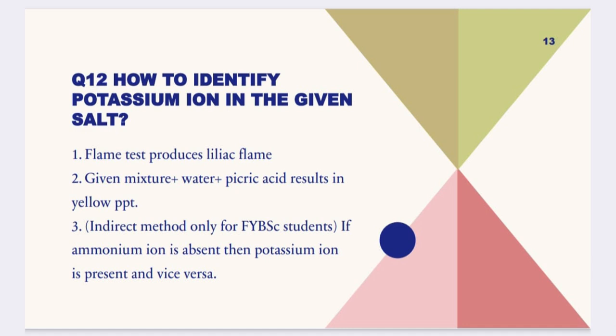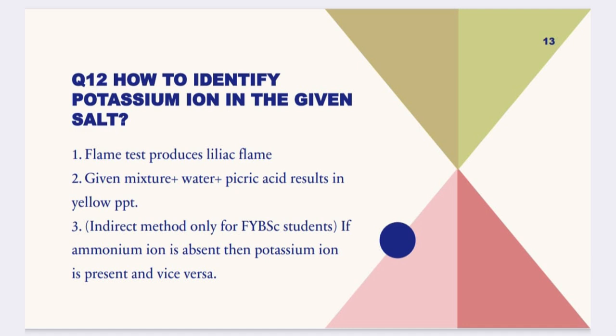Second method is, the given mixture is treated with water to which picric acid is added, which results in the formation of a yellow precipitate. And now, my dear friends, the indirect method, and this is only for the FIBAC students.